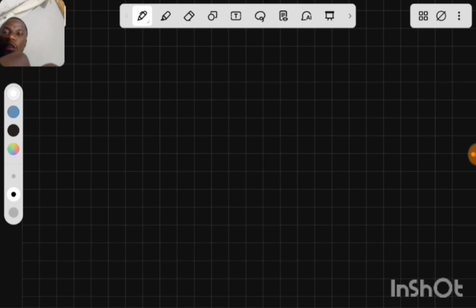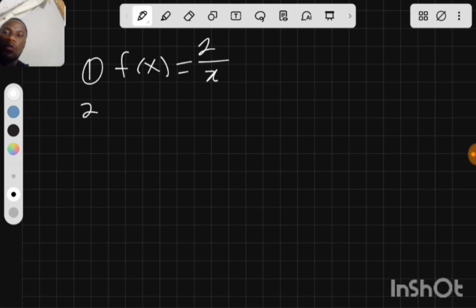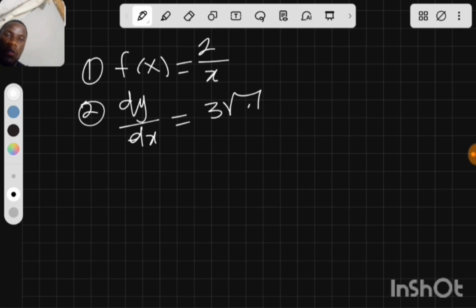Please go and try this kind of question. Number 1, the first principle of f of x, which is equal to 2 over x. Number 2, the derivative: please find dy over dx of the square root of x divided by 2 plus 2 pi x.